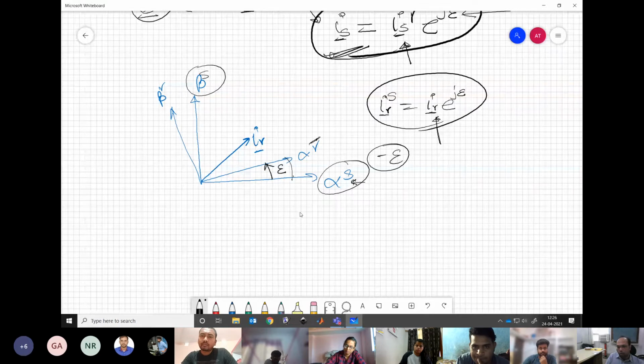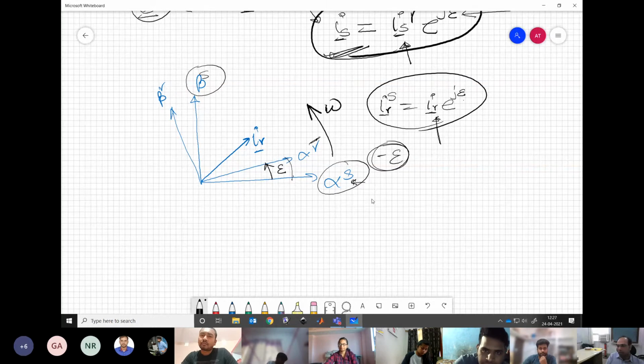So what you do? You multiply by this e raised to the power j epsilon. Why? Your angle is minus epsilon in the counterclockwise direction. Understanding my point? The rotation is happening in this manner. So angle is positive in this direction. Angle is negative in this direction. So either you take epsilon like this or you take something like this.